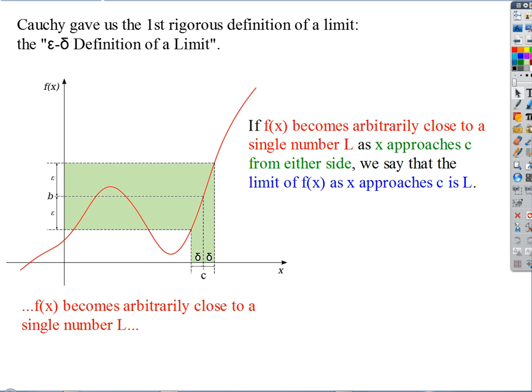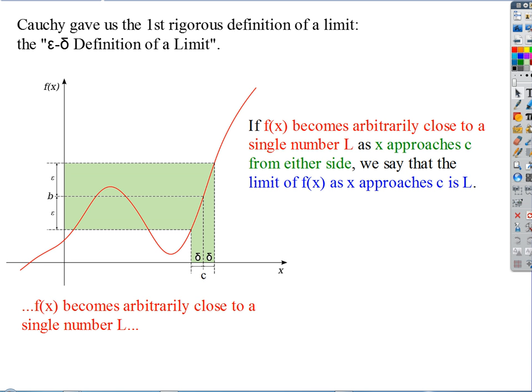How close are we getting to our x value? The ant's walking along the function towards an x value of c, and depending how close he gets to that value of c, he will get arbitrarily close to his target value, the value of y that he thinks he's going to step on. I think I just said that in a kind of confusing way.